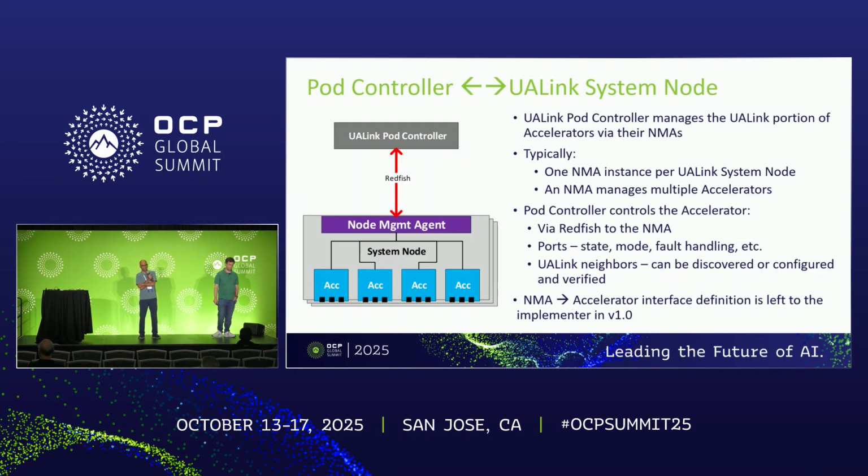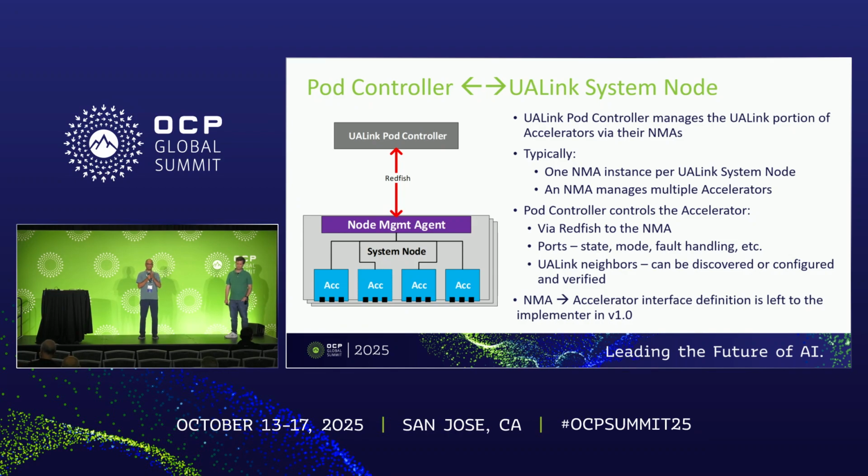Kind of touched on this already. A UALink pod controller manages the entire pod, and then a node management agent typically manages multiple accelerators. So that's one system or one tray, if you think of it as a physical entity. We expect to see one node management agent, although we're not limiting it to that.